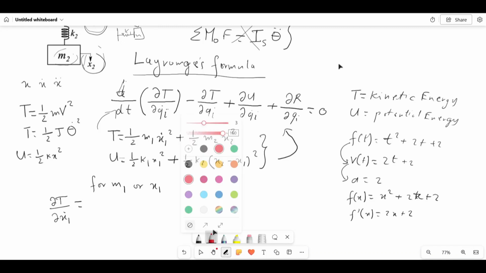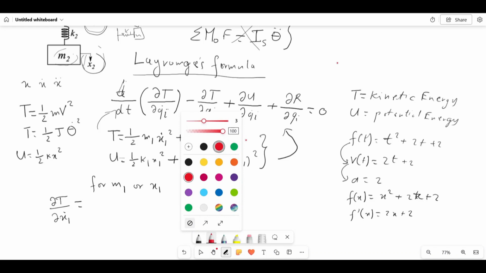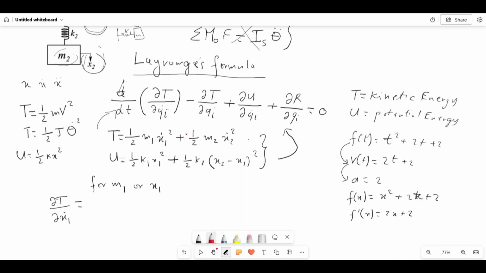So in this case, this whole expression here should be considered a constant, because the variable we are working on is x1 dot. And we know the differentiation of a constant is 0.